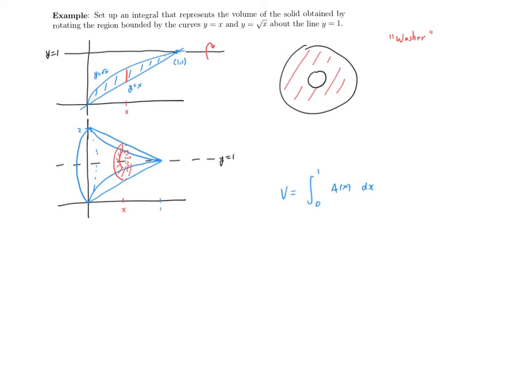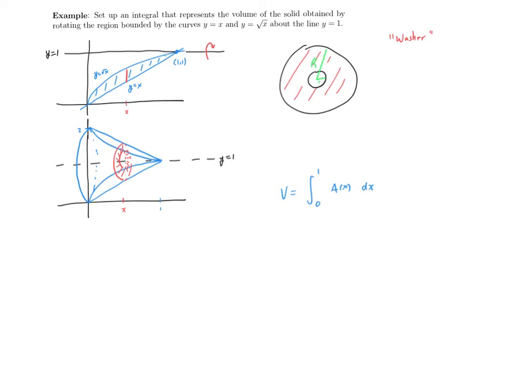So in order to write down its area, note we need to determine two things. Associated with this washer there is a larger outside radius, which I will call big R, and a smaller inside radius I will call little r.